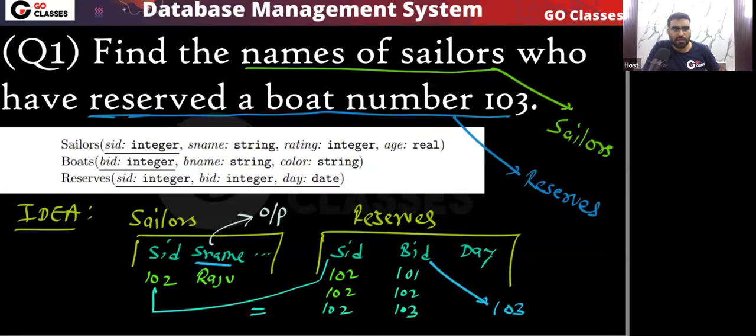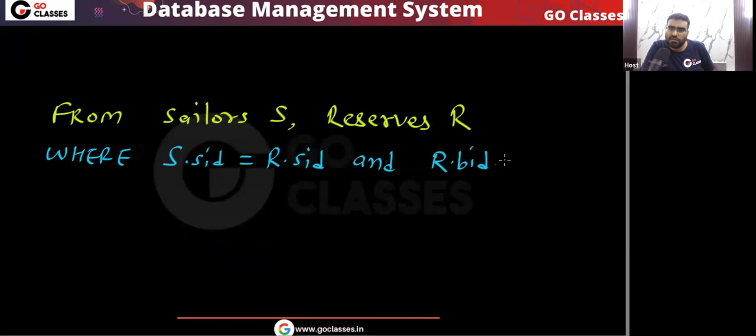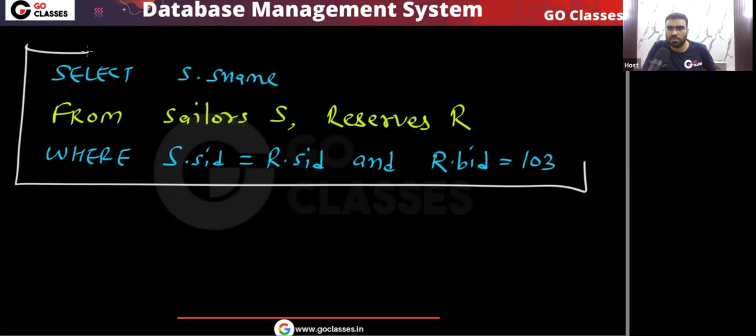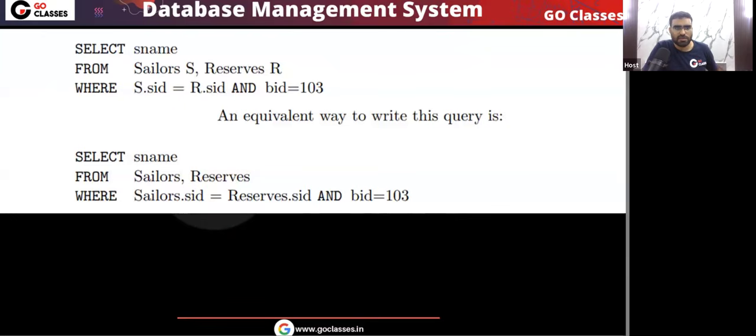Remember, ultimately we want those tuples where s.sid must be same as r.sid and r.bid must be equal to 103. Then we will select s.sname. So this is the query. Okay, is this clear? So this is the query. Now, so you can see very simple. On your screen, you can see this query.